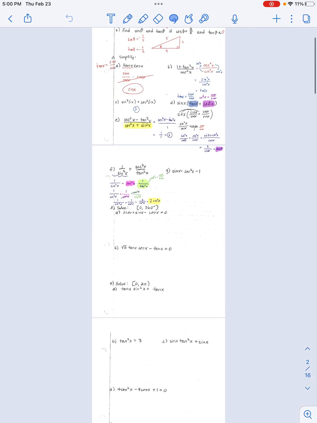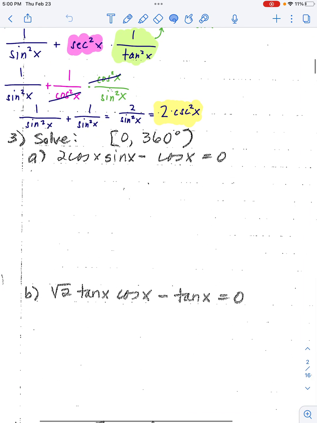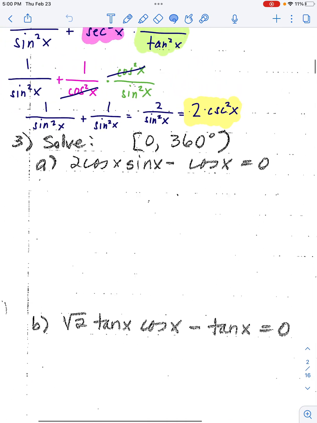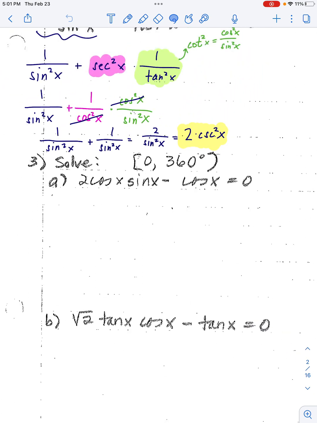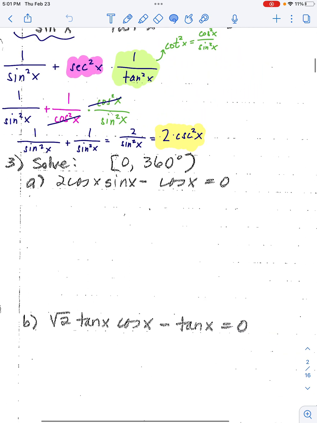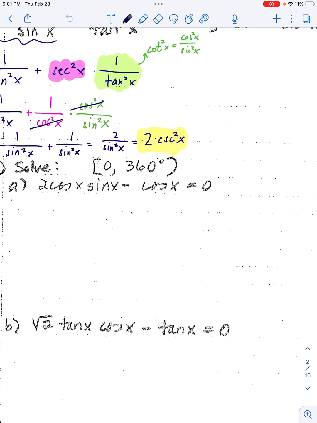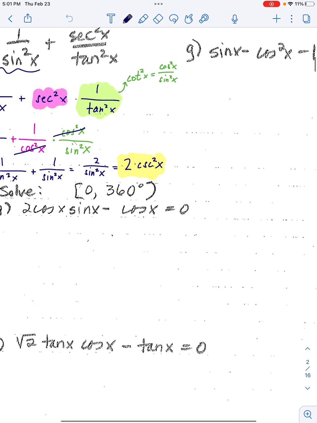Let's go back to our notes. 3a, solve. Okay? So 2 cosine x times sine x minus cosine x equals 0. These are just like in Algebra 2, except there are trigonometric functions now. But we do the same thing.